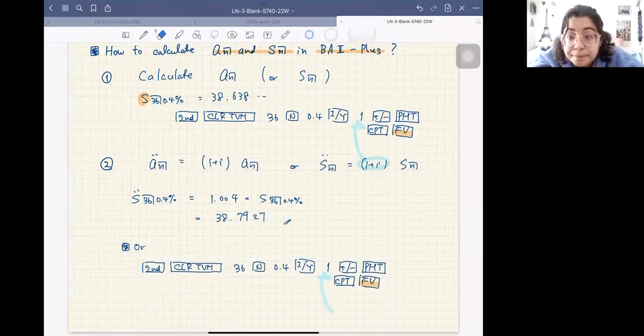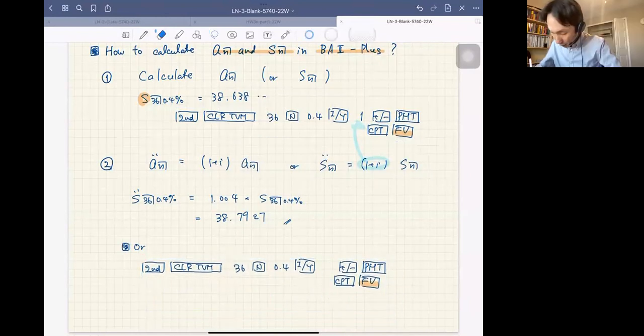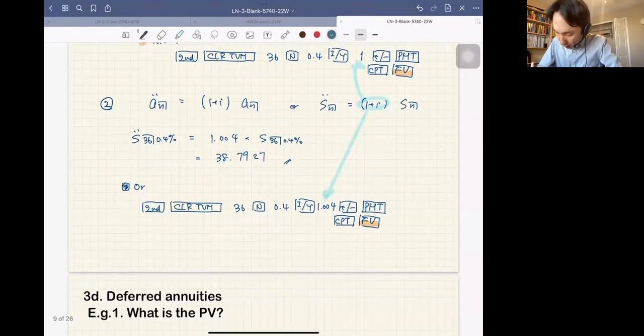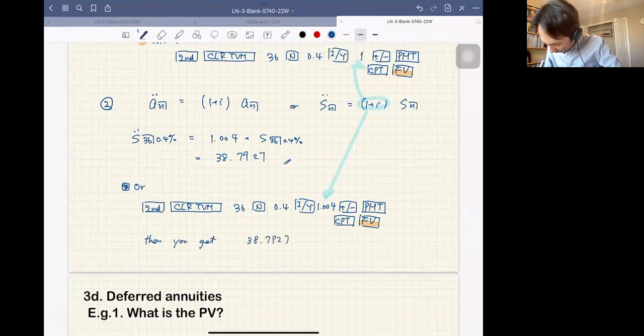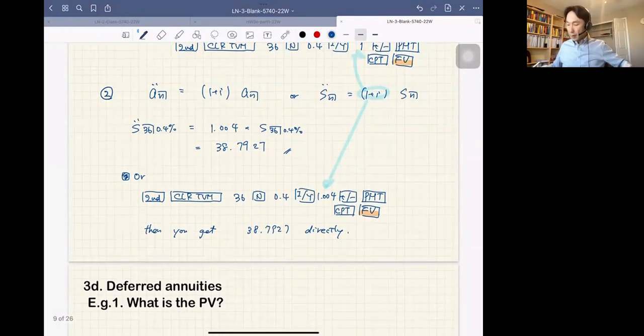So then this is the 1 plus 0.004. Okay, here. Then you directly get 38.7927 directly.